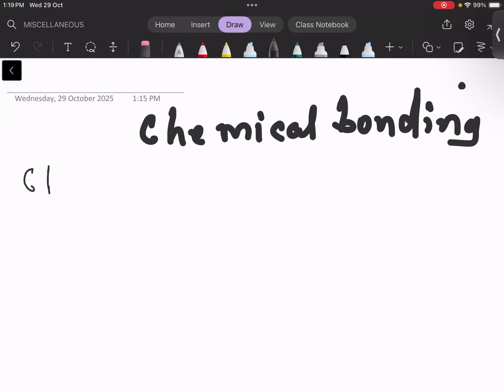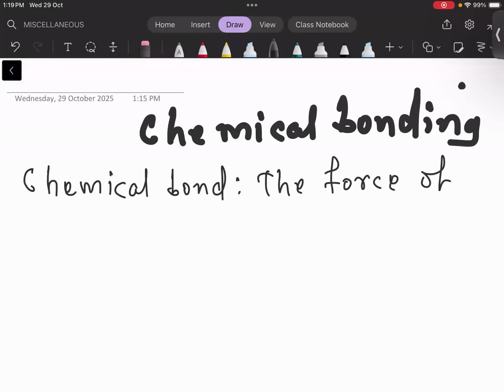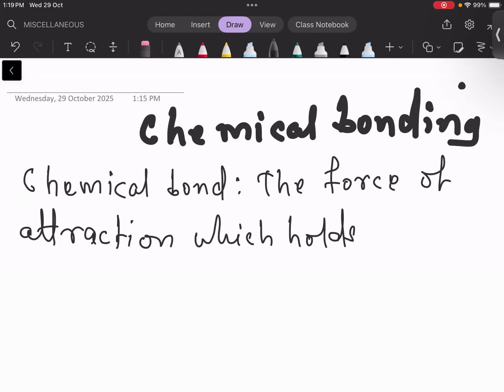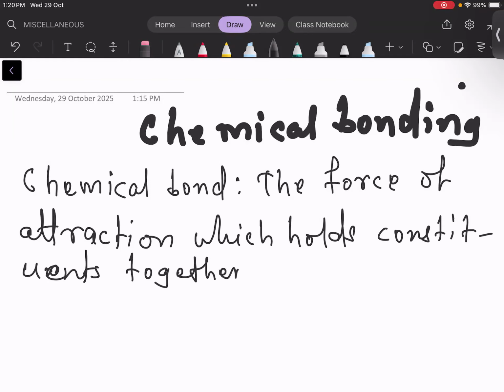So, what is chemical bond? The force of attraction which holds constituents, meaning atoms, ions, molecules, together is called chemical bond.